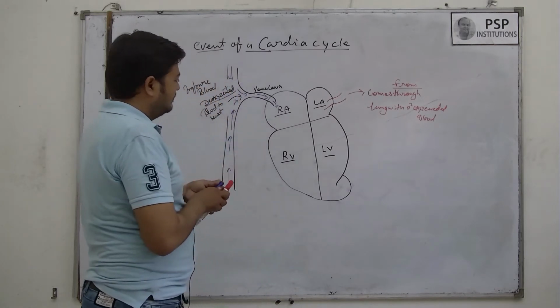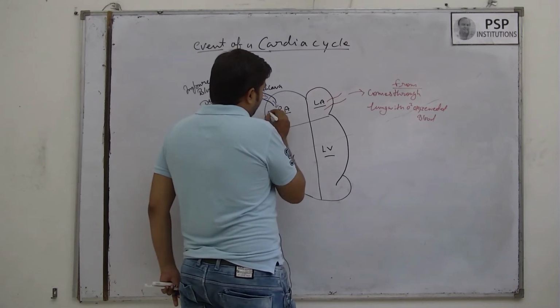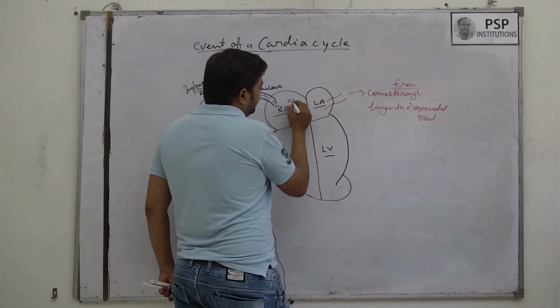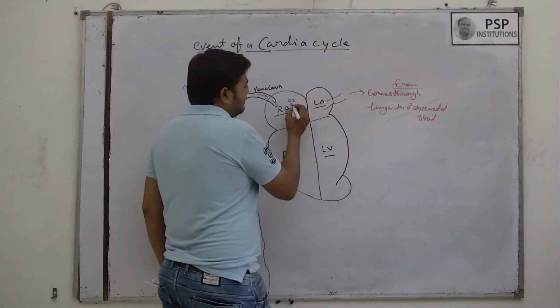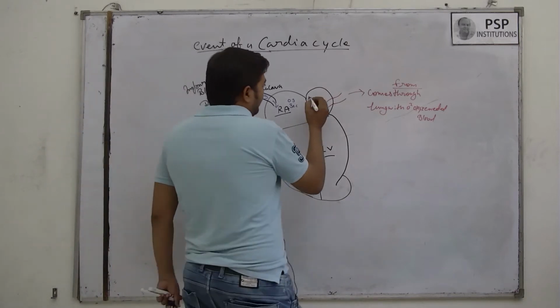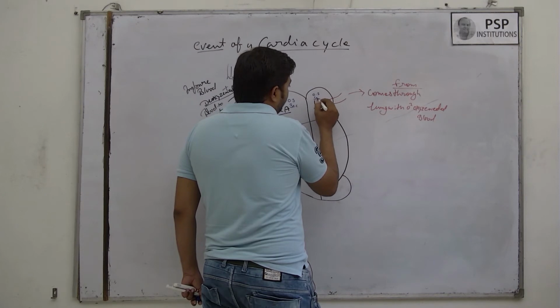When blood comes into the right atrium, it will fill, and the time is 0.3 second. Its filling time of the right atrium, and filling time of the left atrium, is 0.3 second.